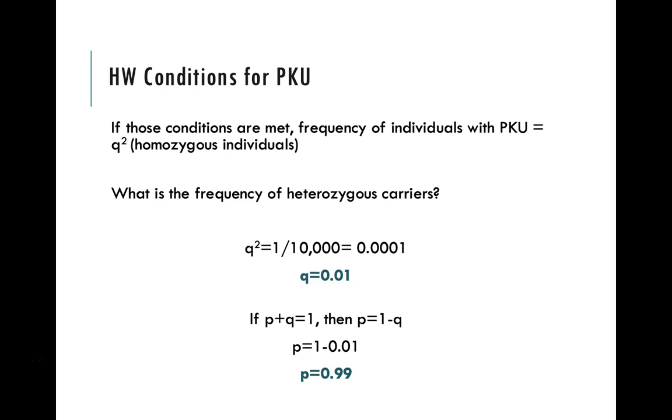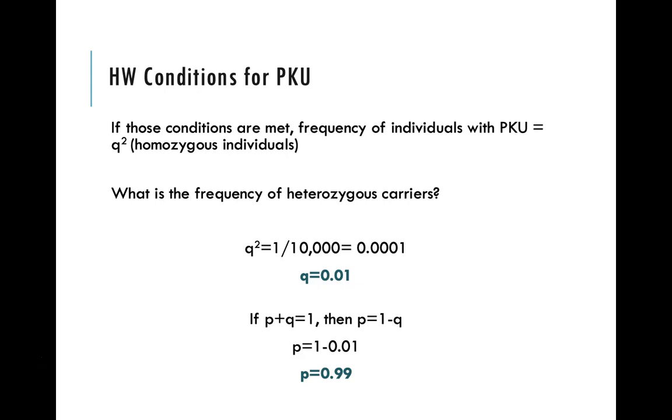But the number one mistake that students make is they set that frequency, the 1 in 10,000, or the number of individuals with the homozygous recessive phenotype, equal to the allele frequency. And you cannot do that because remember, individuals have 2 copies of each allele, but also there are alleles in the heterozygote individual. So you have to calculate the allele frequency.